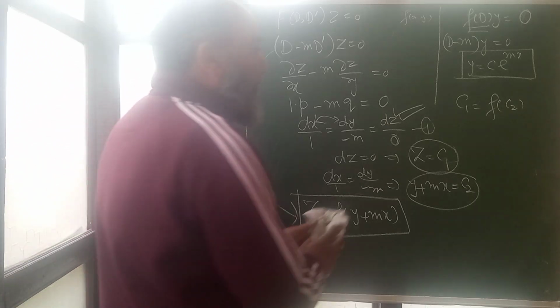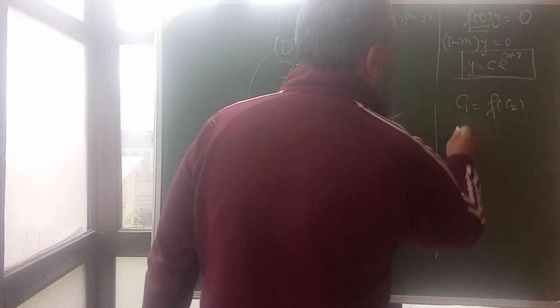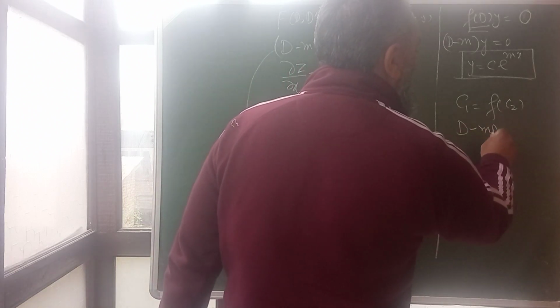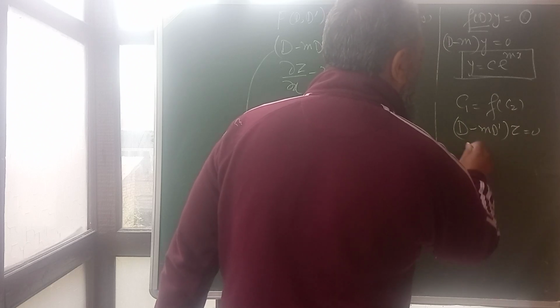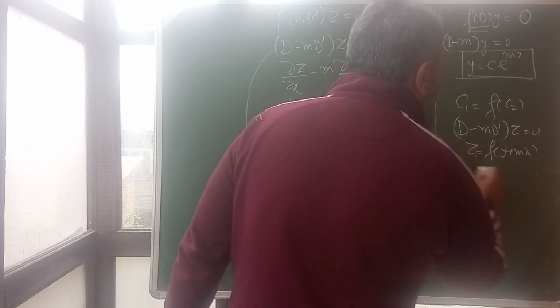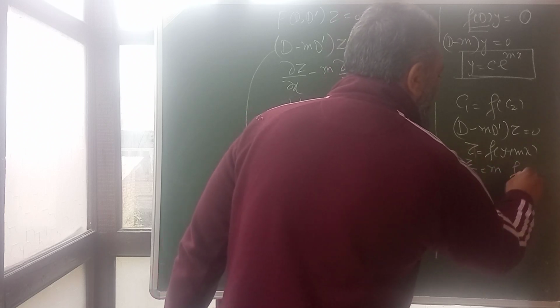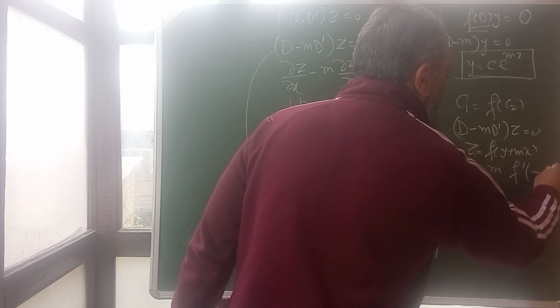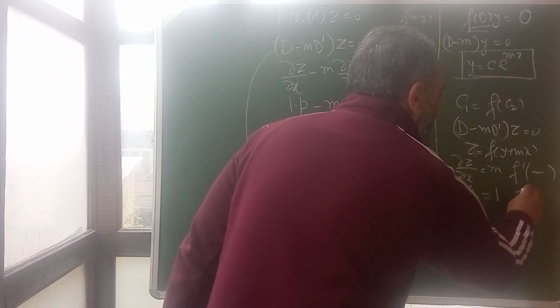If you have D minus mD dash operating on z equals 0, the solution is always of the form a function of y plus mx. What is del z by del x? You have m f dash of y plus mx. What is del z by del y? It is 1 times f dash.